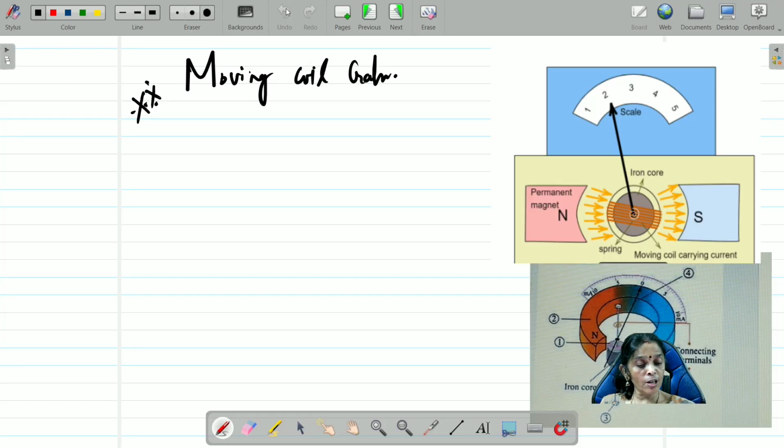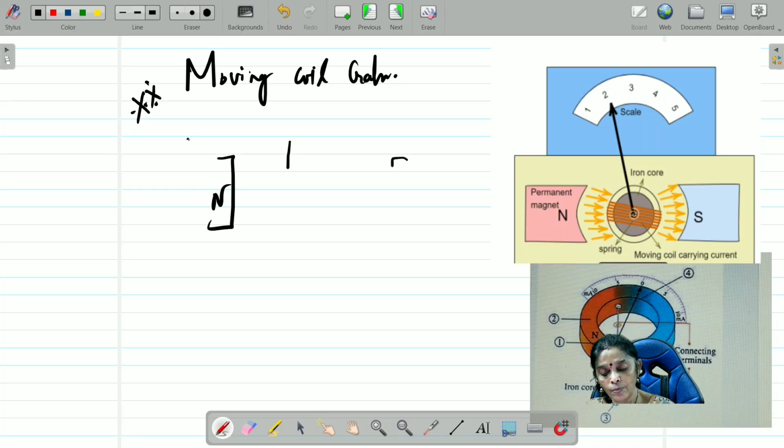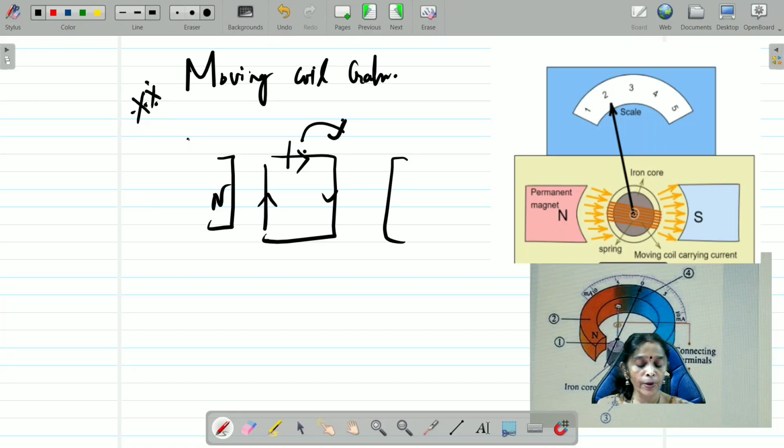I'm sorry for the interruption, children. So when you pass current through the coil and you place it in the external magnetic field, what will happen? Here the coil will turn.